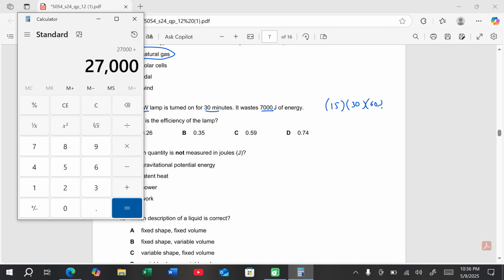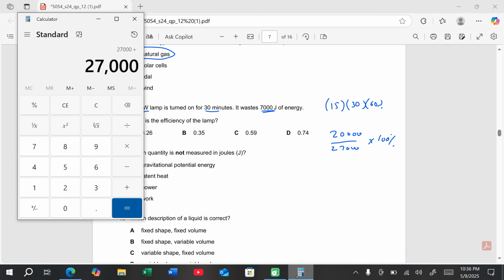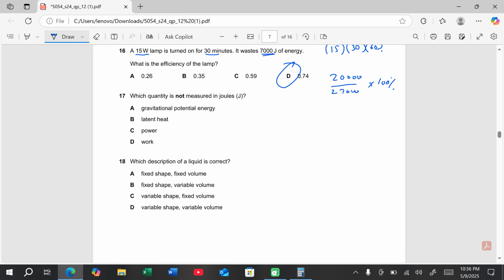So this is the total input. This much is wasted, so useful is 20,000. 20,000 divided by 27,000 multiplied by 100%. We don't need to multiply with 100% since it's already giving the answer in simple decimals. So 20,000 divided by 27,000, so 0.74.